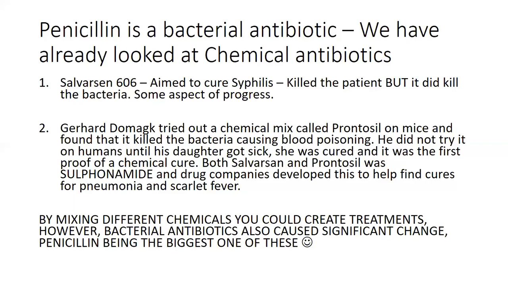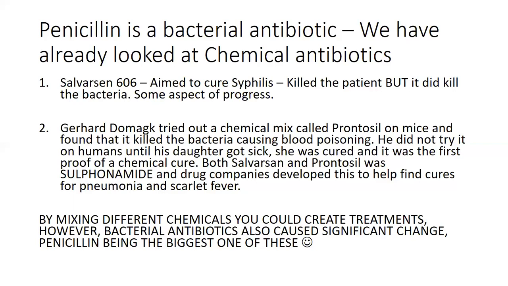It was then that a Japanese scientist called Hata took it up. He found the exact mixture that killed the bacteria. However, it still killed the patient. Even so, there was some progress, because we had an antibiotic that attacked and killed the germ.